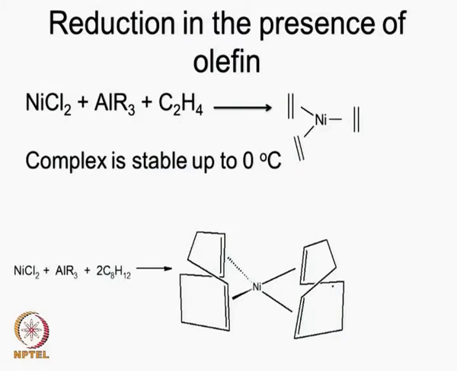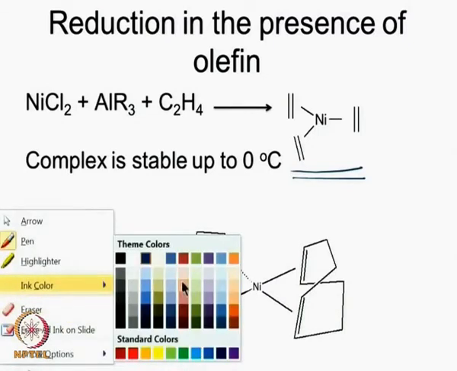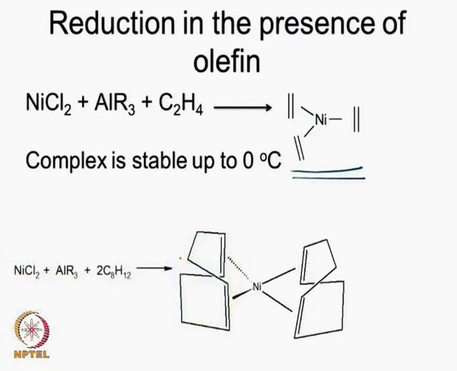It is possible in a few instances to prepare homoleptic complexes with olefins, and one example is when you reduce nickel dichloride with trialkyl aluminum in the presence of ethylene, you can prepare a tris ethylene complex of nickel. Unfortunately, this complex is not extremely stable and is stable only up to a temperature of 0 degrees centigrade. So, this is useful, but nevertheless, it is not a stable system.